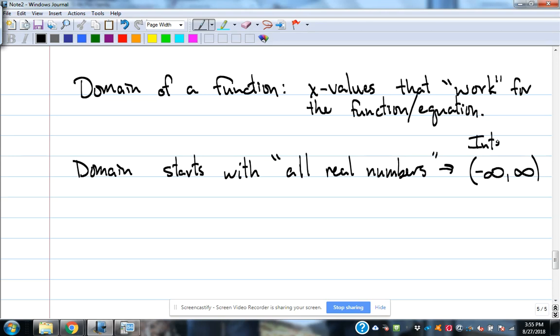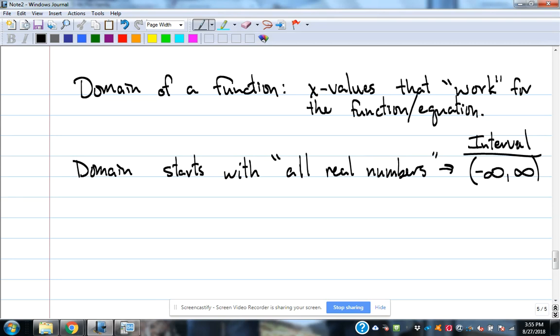This is the interval notation. So we're going to be working back and forth between set notation and interval notation. Interval notation has the parentheses, the brackets, the infinity symbols, and all that stuff. Set notation is like inequalities, like x is less than 5 or something like that. Okay, so by default, everybody starts with every real number in the world, from negative infinity to positive infinity.